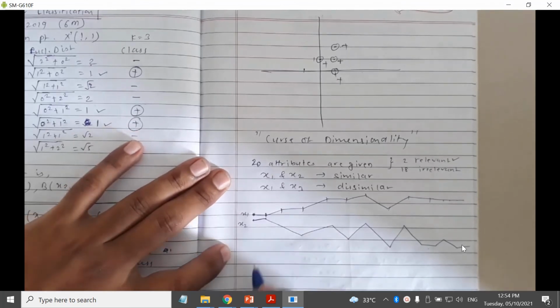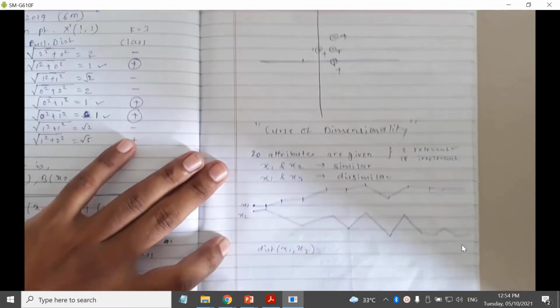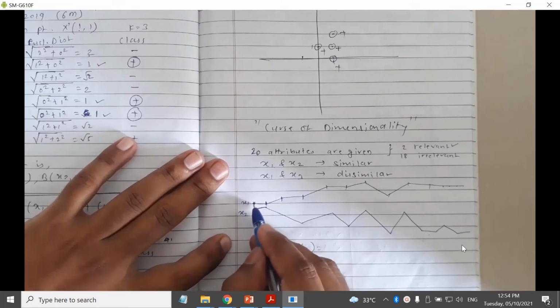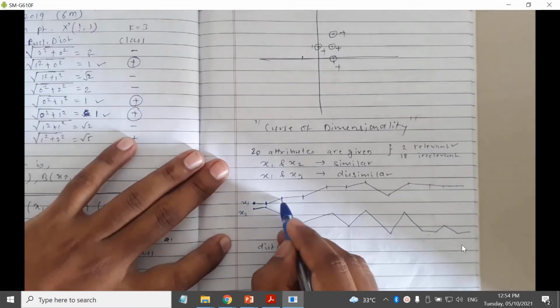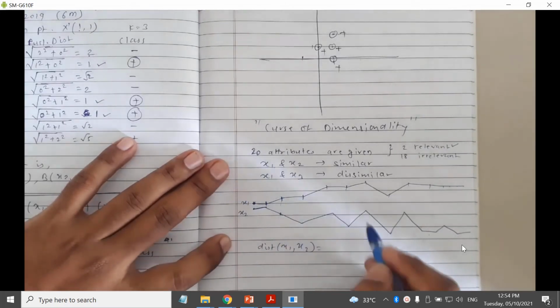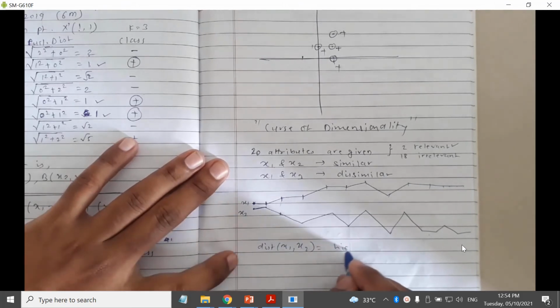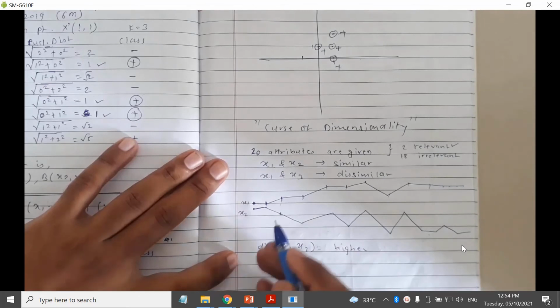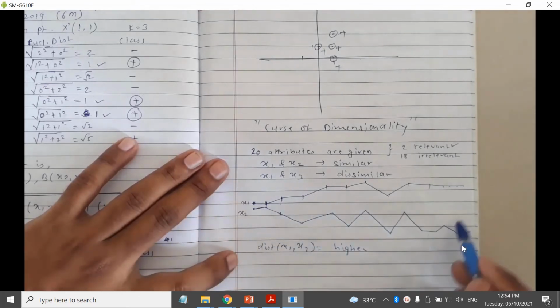So now when you find a distance between x1 and x2, what you generally do is find the difference between their corresponding features. So I will be finding this distance, then this distance, right? So the distance between x1 and x2 will be higher. Why? Because along with the relevant attributes, you are considering the irrelevant attributes also, right?